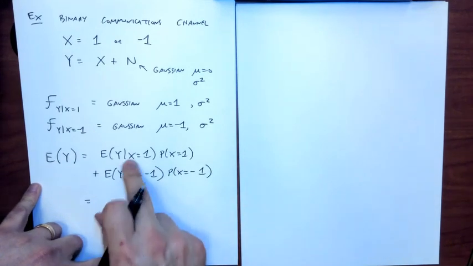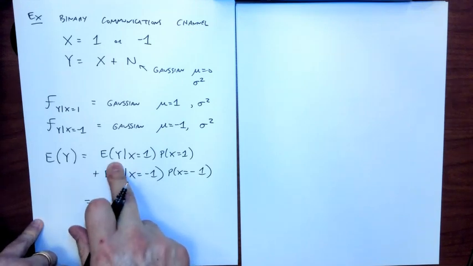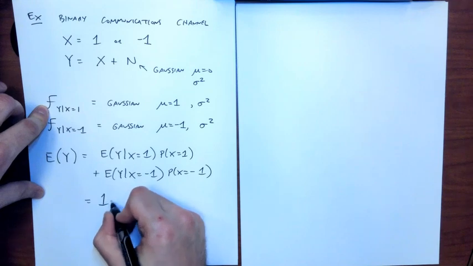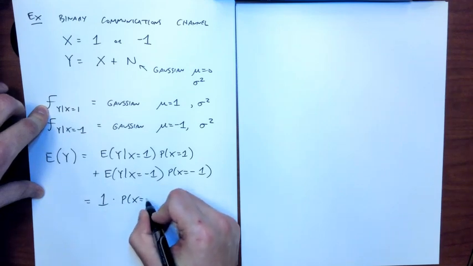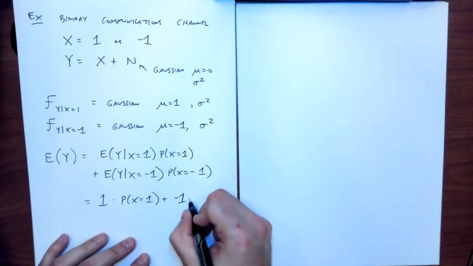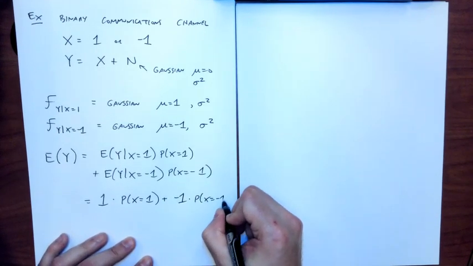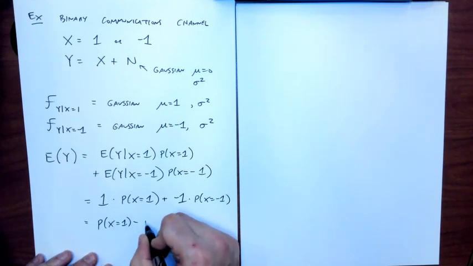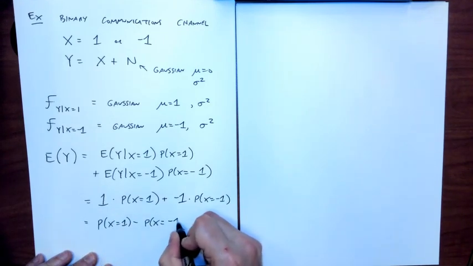And in this case, these are just the conditional means, right? The expected value of y given x equals 1, by definition, is just this 1, like 1 times this, and then plus -1 times this. So you can think about these like prior probabilities.